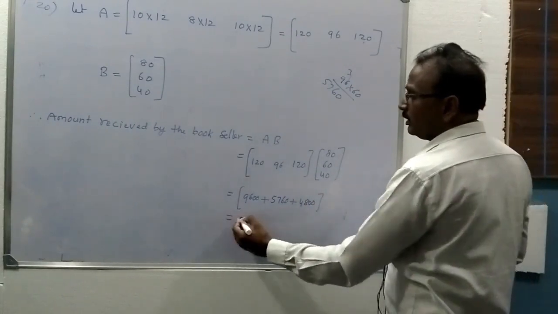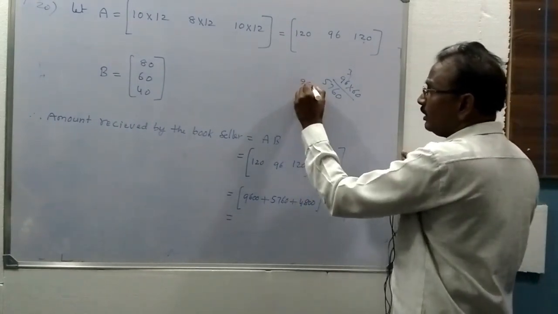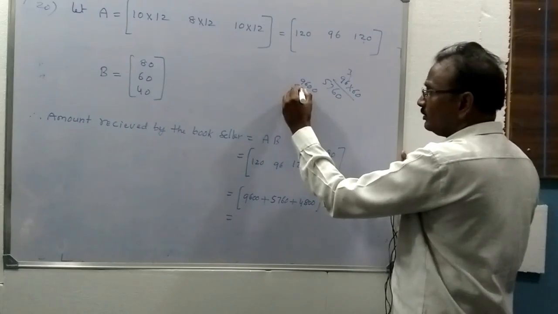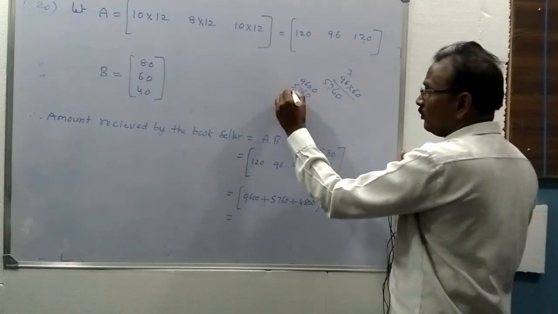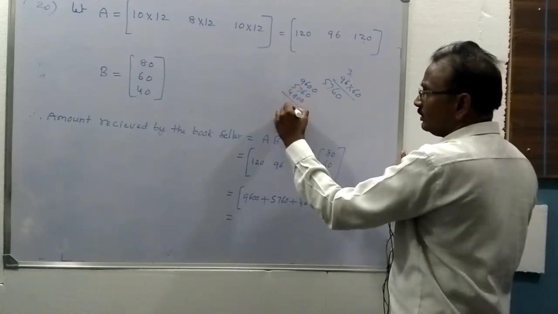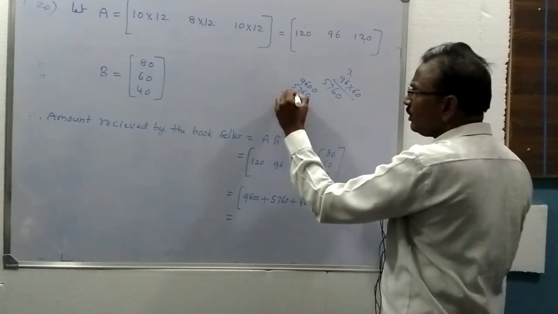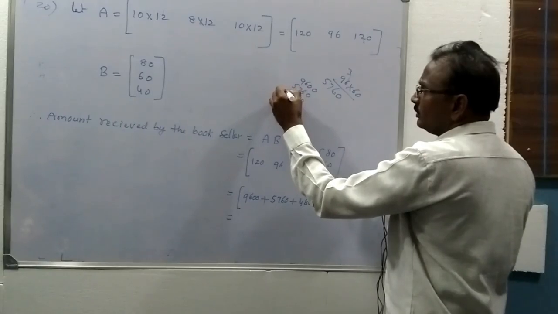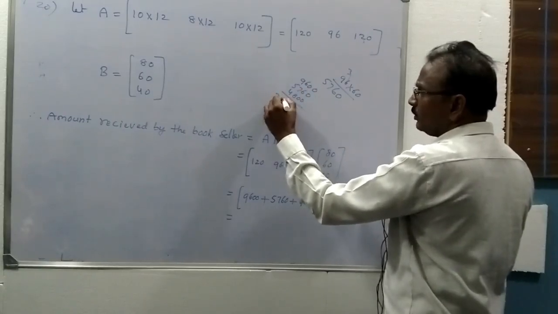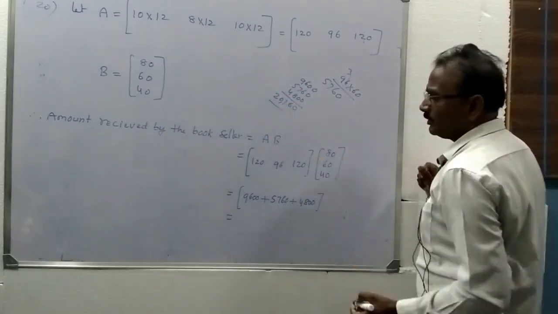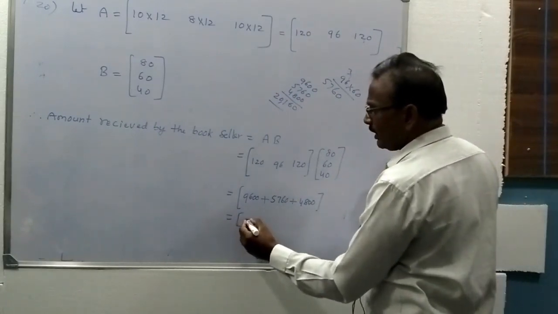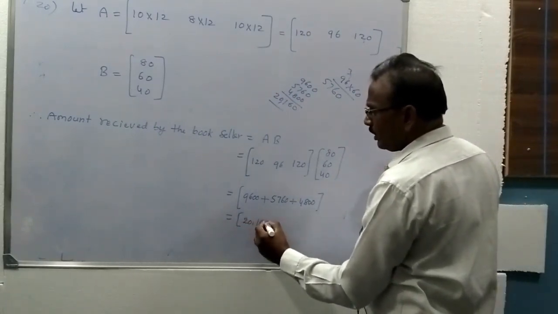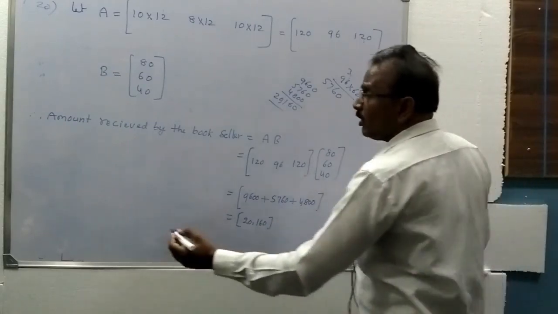So that is 9600 plus 5760 plus 4800. So that is 20,160. Therefore this total sum is 20,160.